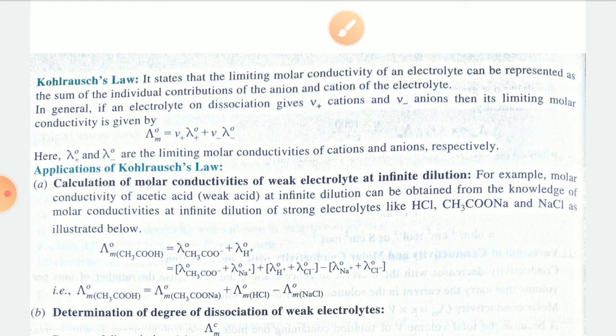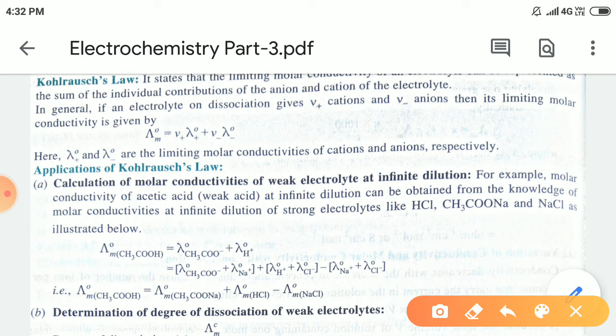In general, if an electrolyte on dissociation gives nu plus cations and nu minus anions, then its limiting molar conductivity is given by lambda naught m equal to nu plus lambda naught plus plus nu minus lambda naught minus.